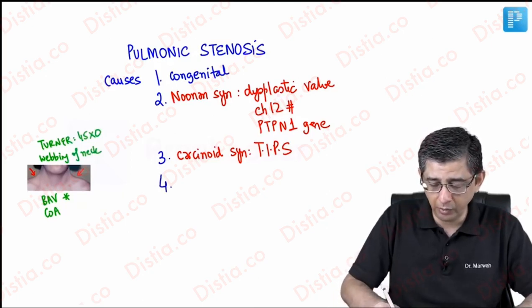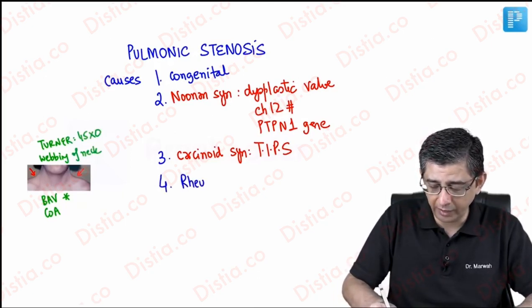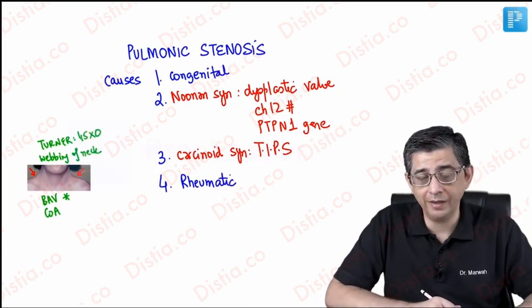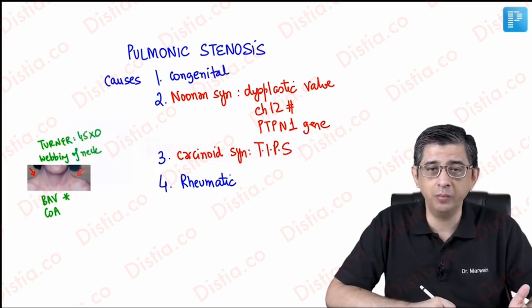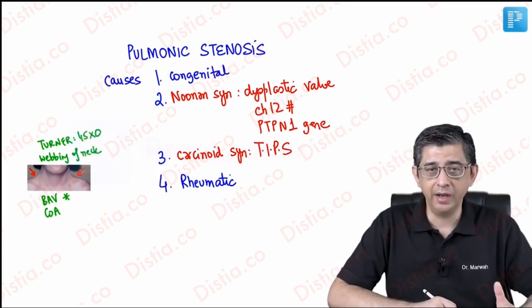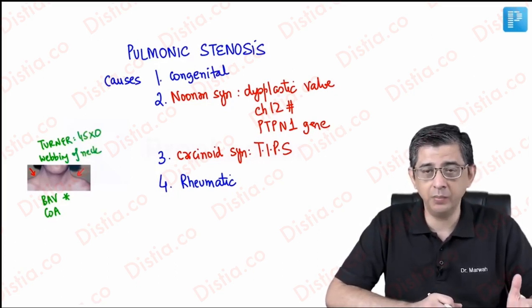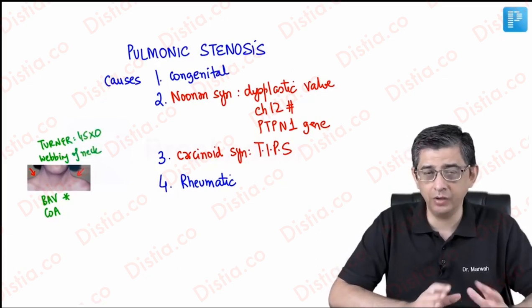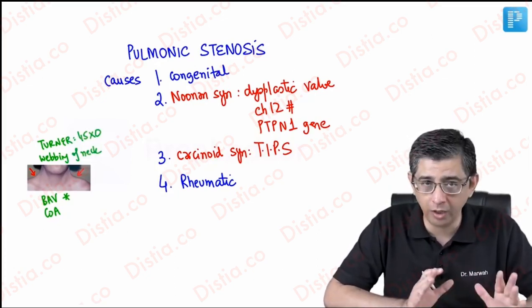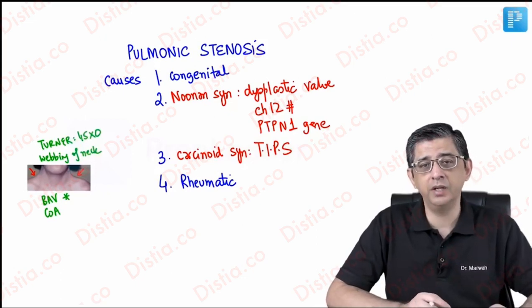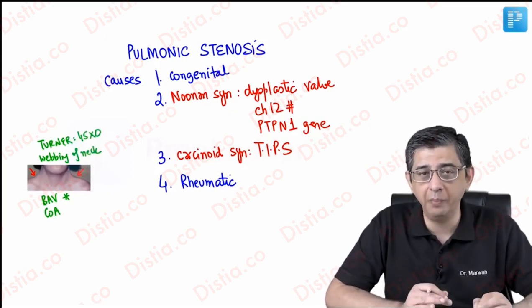Now for point number 4, I know that when I am writing this, you will say, sir, we have read in pediatrics in OP Ghai that rheumatic does not cause pulmonic valve involvement. So I agree there is a difference of opinion between certain books, because OP Ghai categorically mentions pulmonic valve is not involved, but some other books mention pulmonic valve may be involved.